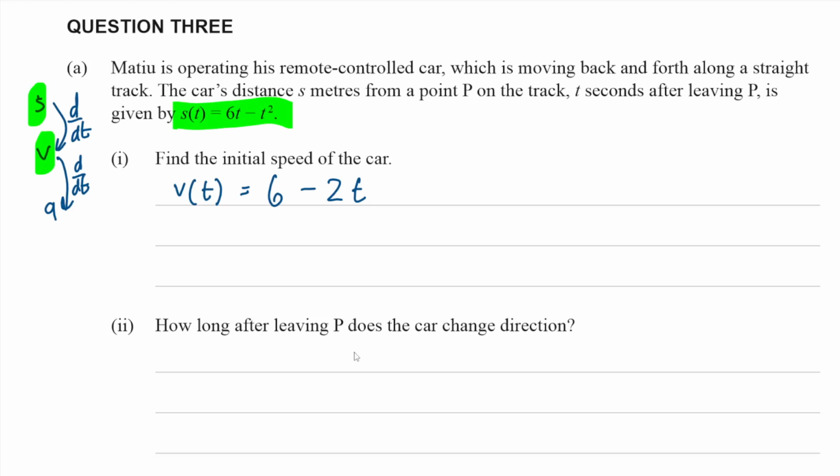And we're asked to find the initial speed of the car. The word initial means when time is 0, when we start the stopwatch. So v(0), or you might see sometimes v subscript 0, they both mean initial speed. When time is 0, we get 6 minus 0, which gives us 6.